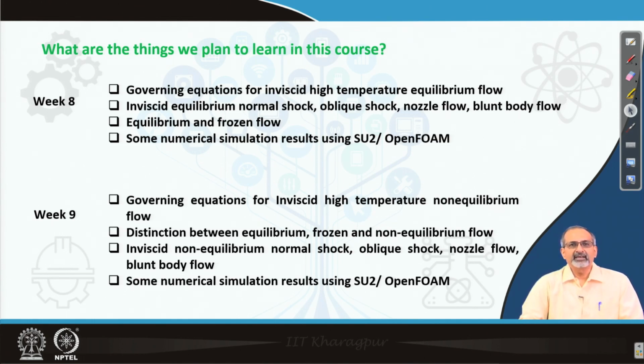We have to understand what is the difference between equilibrium and frozen flow, and then interestingly some numerical simulation results are also expected by this time using some open source flow solvers like SU2, OpenFOAM, if required some commercial flow solvers too, we will see as the time comes up.